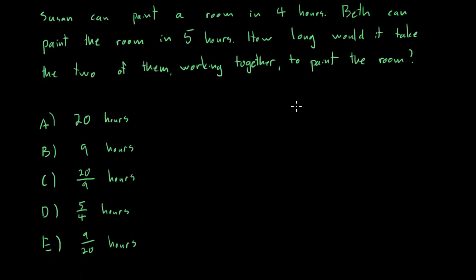So our formula: the combined time to do the job is the product of the individual times to do that job over the sum of the individual times to do that job. And in this case, Susan's time is 4 hours to do the job. Beth's time to do the job is 5 hours.